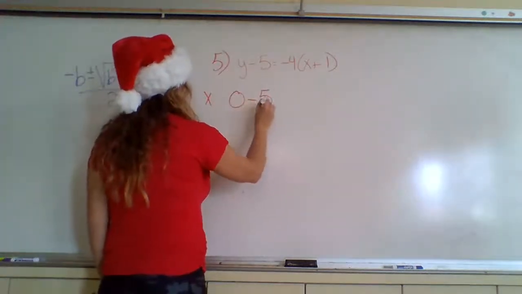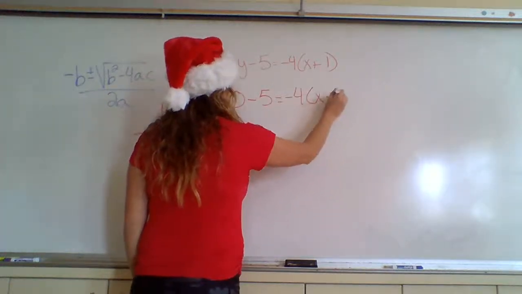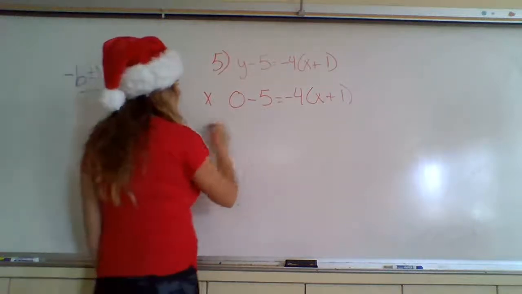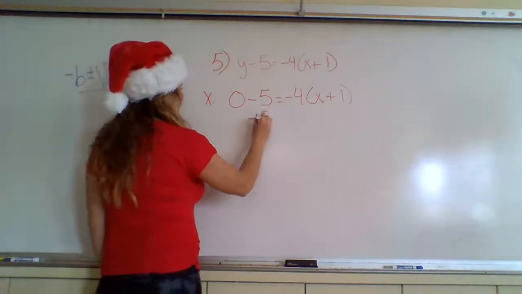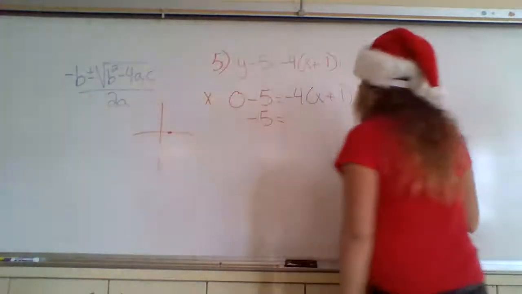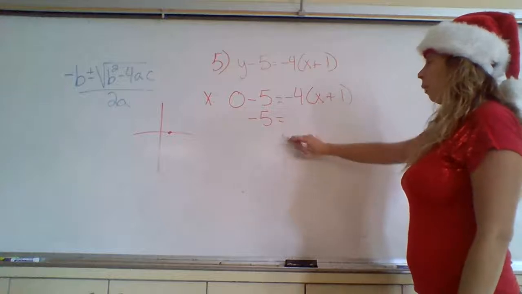0 minus 5 equals, on this side, you have negative 5. And then over here, you can divide by negative 4 if you want.